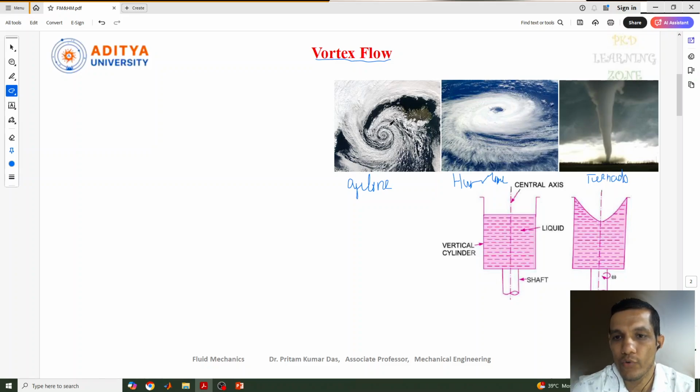Why have I shown these pictures to you? Because vortex flow has a major role in cyclones, hurricanes and tornadoes. When cyclones, hurricanes or tornadoes are formed, to identify the structure of the storms, what level of storm it is, and what the intensity of the storm is, this vortex concept is required.